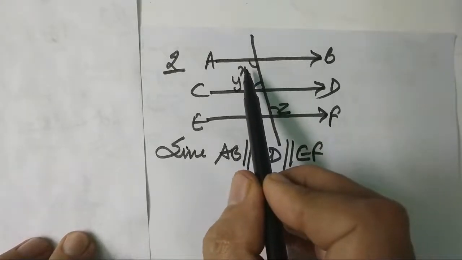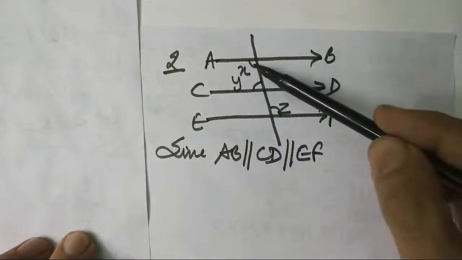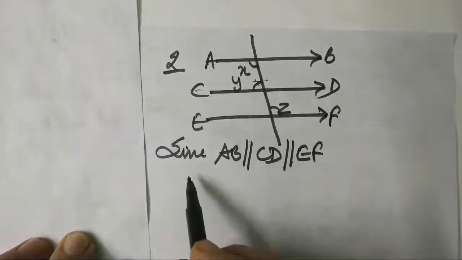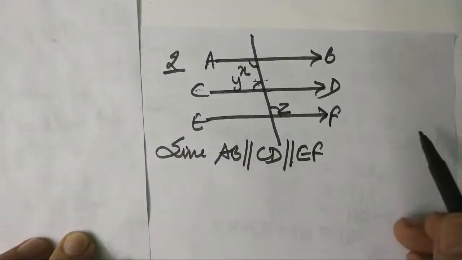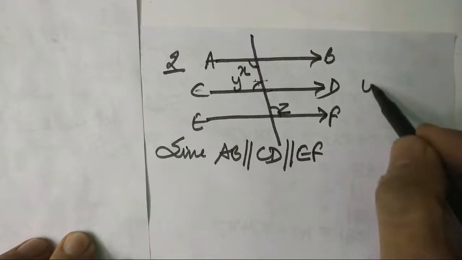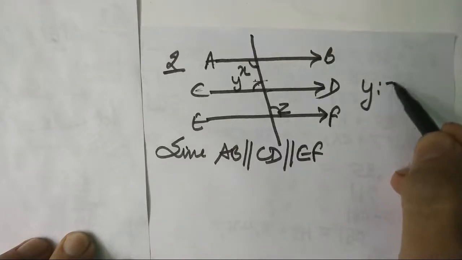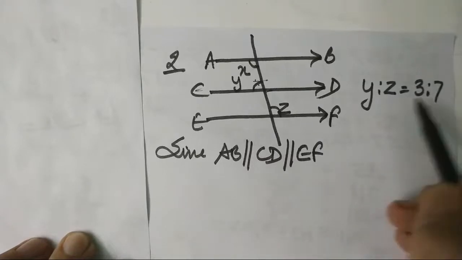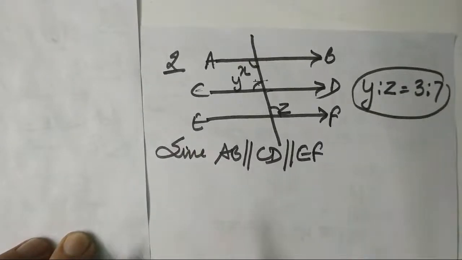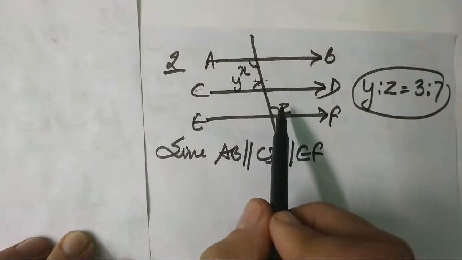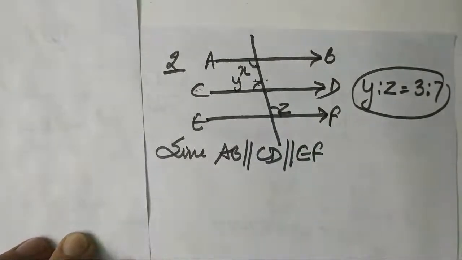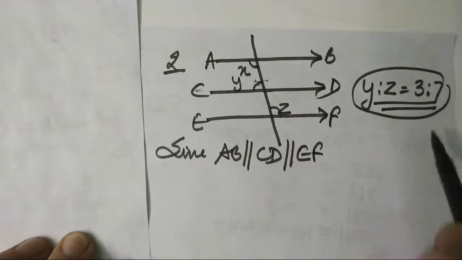Angle X and angle Y, these two angles are between the parallel lines. And it is given that the ratio of Y and Z is 3:7 and you have to find X. Now using this we will solve the other parts.